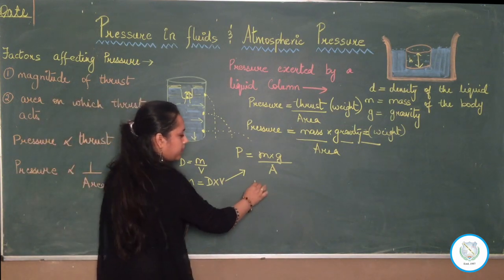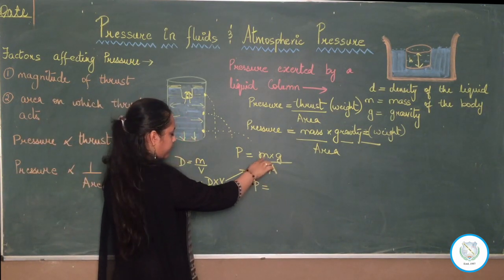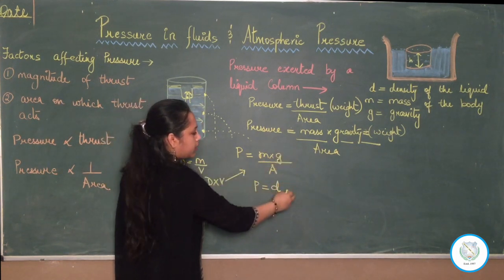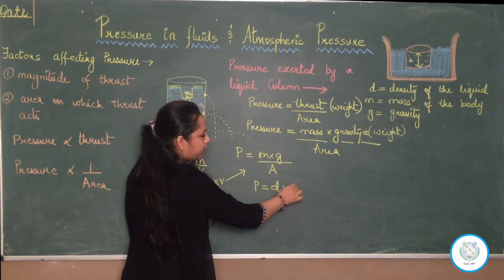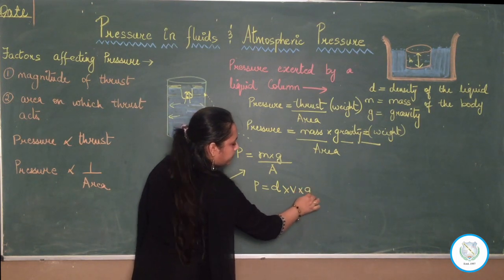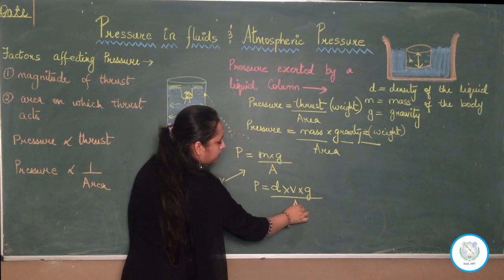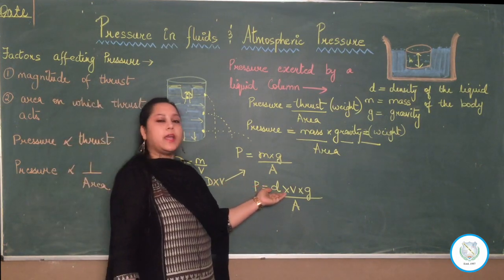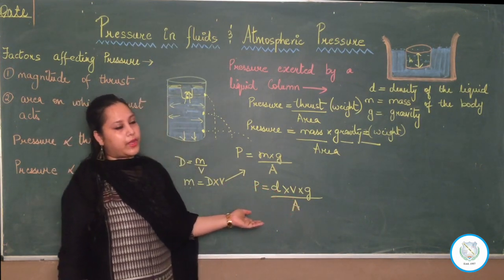Therefore, P becomes equal to, instead of m, we will be writing d, that is for the density of water, into V into G divided by area. So, I have substituted the value of m in place of d and v, right.